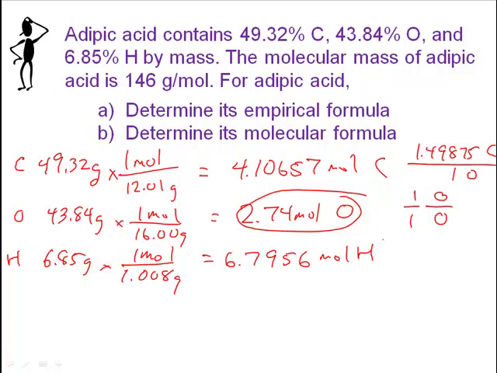And then our 6.7956 divided by 2.74, and this gives us 2.48 moles of hydrogen to oxygen.